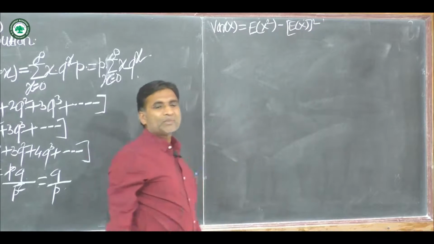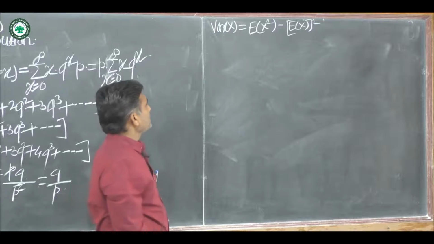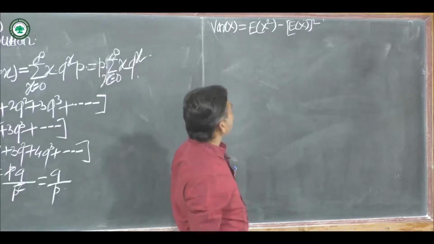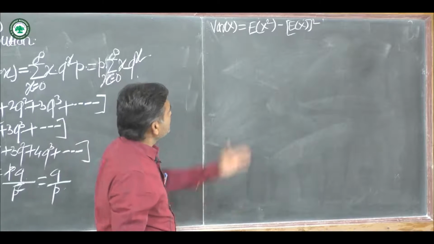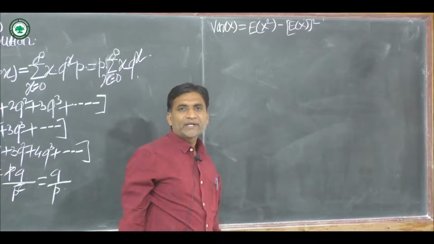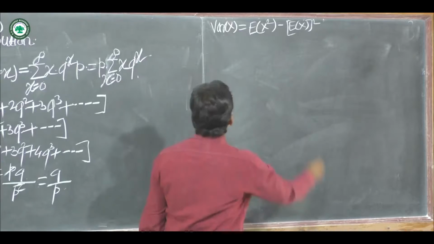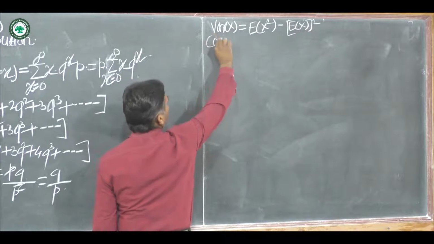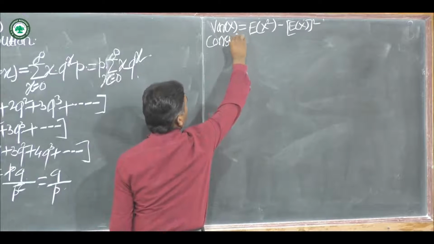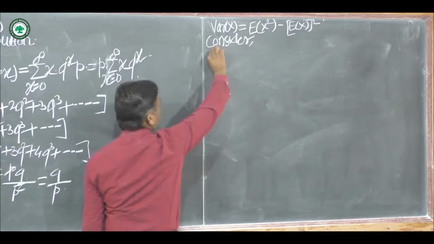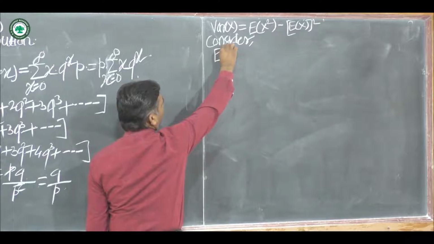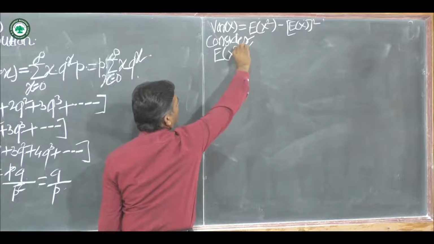This is the definition of variance. Now first we obtain the expected value of x square, and we know that expectation of random variable x is equal to q upon p. Now consider the expected value of x square.